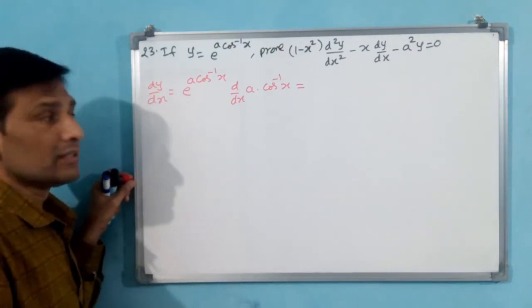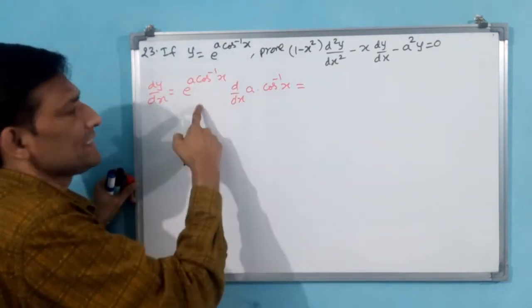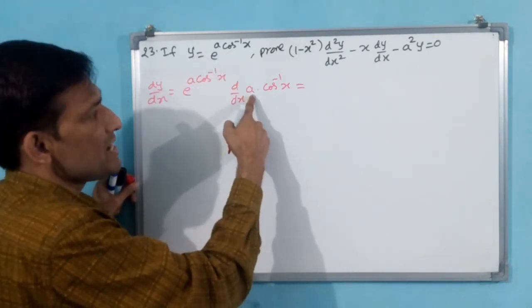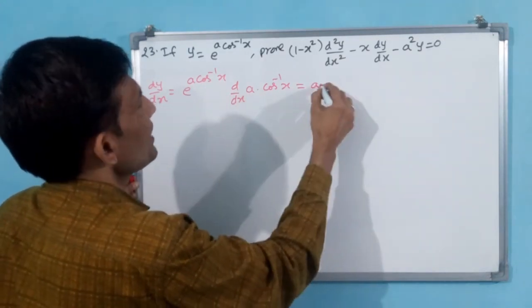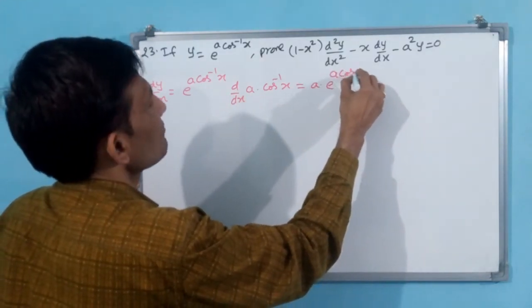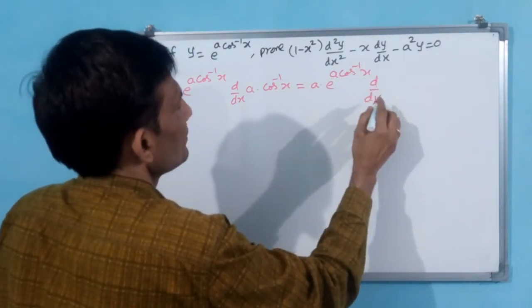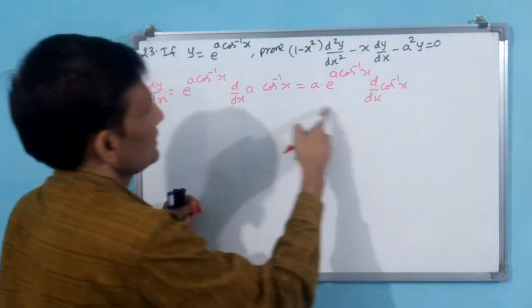Because this is not x, that is why you have first considered this as x, e power x, again this you have to do. Okay, see here a is coefficient, like it will go. You see what I am writing, a coefficient and e power a cos inverse x already is there, and d by dx of cos inverse x. Okay, write down once again cos inverse x.